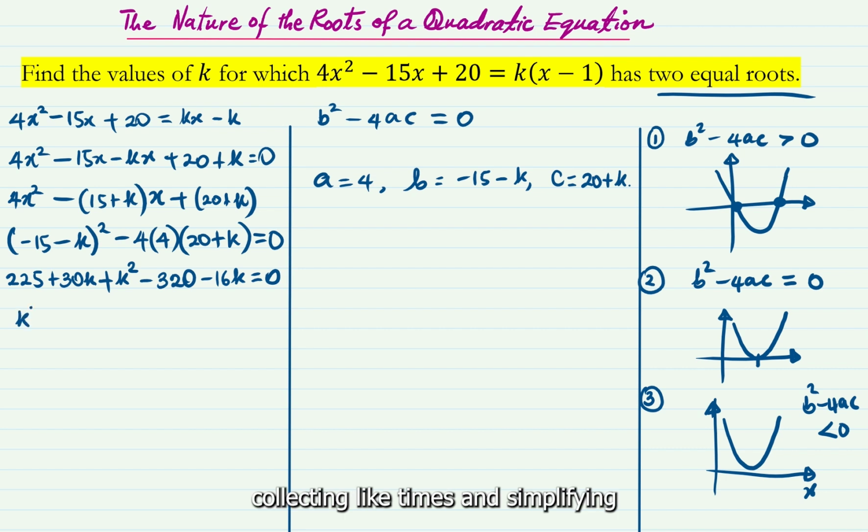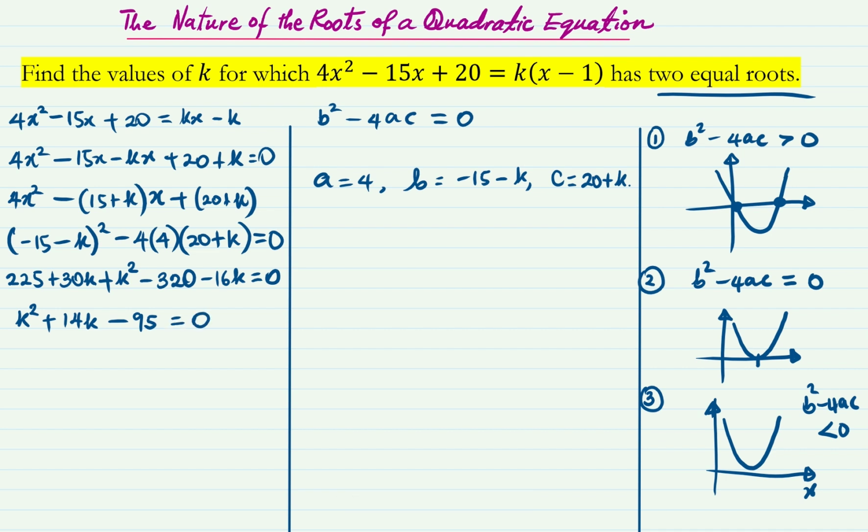Collecting like terms and simplifying will give me k squared plus 14k minus 95 equals 0. And then we factorize.